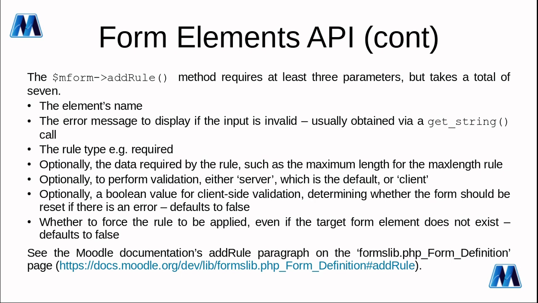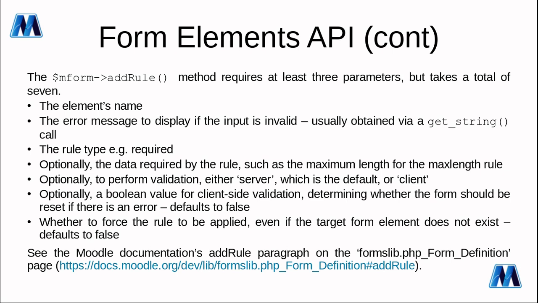Optionally, the data required by the rule, like the maximum length for the max length rule. Optionally, whether to perform the validation on the server or on the client, which is the default. A Boolean value for client-side validation, determining whether the form should be reset if there's an error, and it defaults to false.